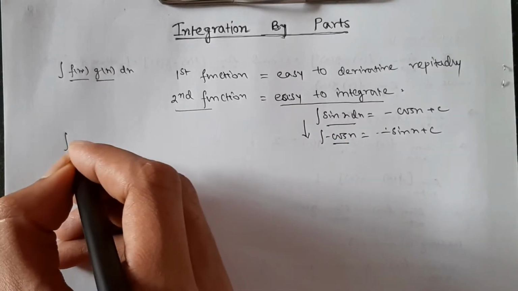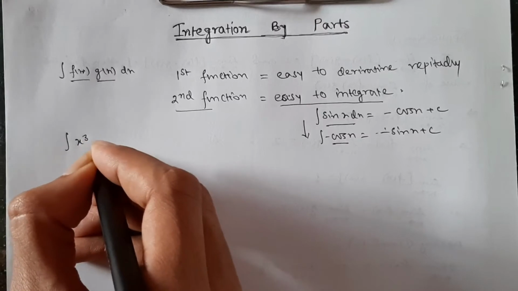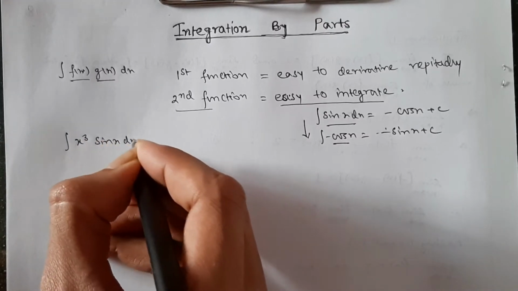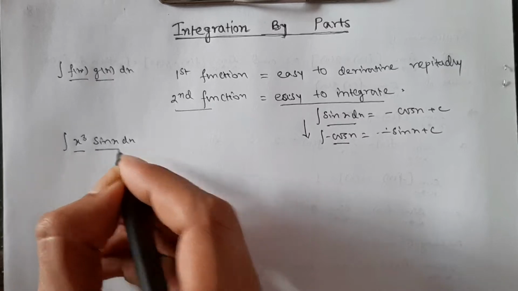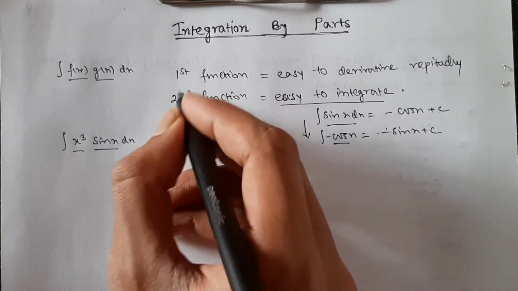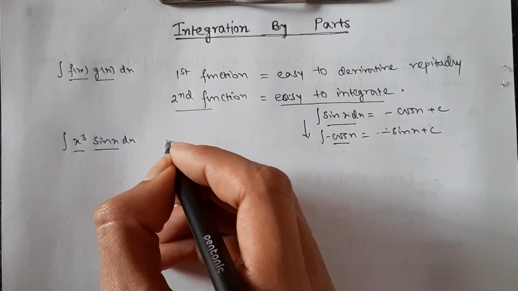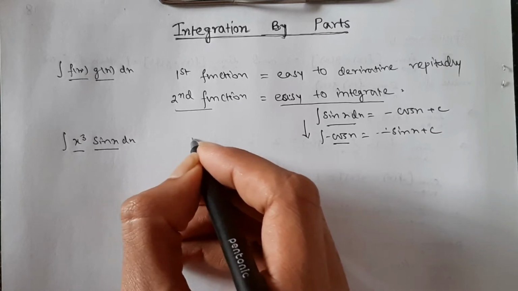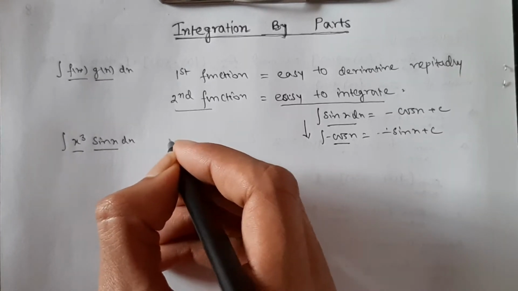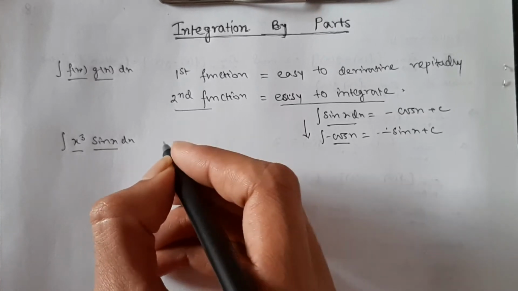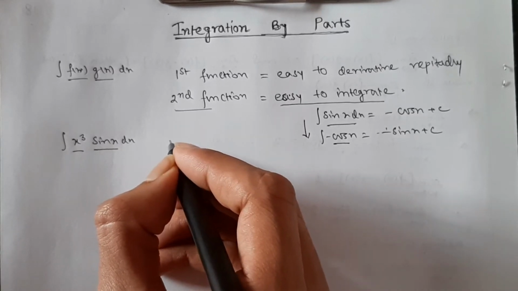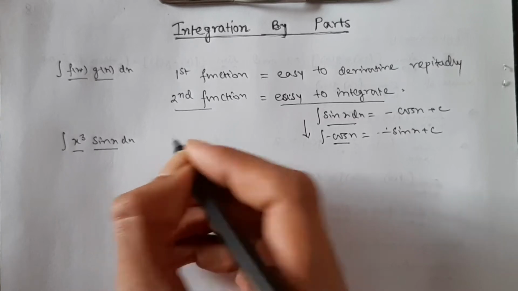If we have a function like x cube sin x dx, then we know there are two functions, one is x cube and one is sin x. So we choose the first function as x cube, because x cube can be differentiated repeatedly and it reduces to 0. One of the most important things is that the first function is one which reduces to 0.